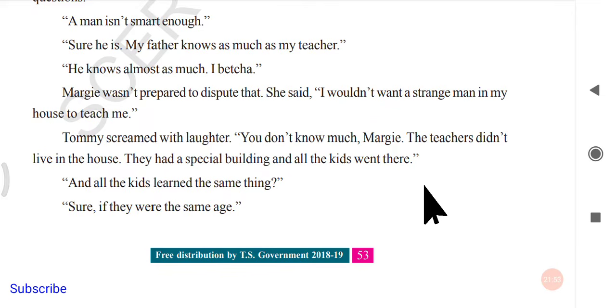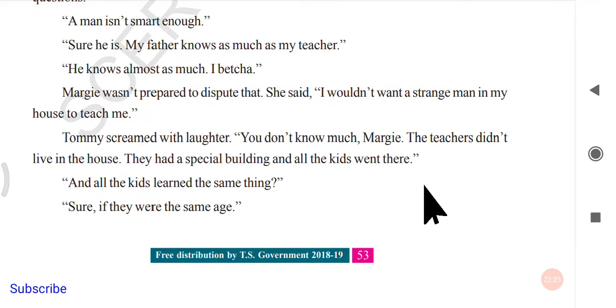Now here Margie is again completely shocked when she hears that there are different teachers for teaching, and when Tommy said that teachers do not come to live in our house and teach us. So there are separate buildings for them, and all the children of the same age go there and learn there.